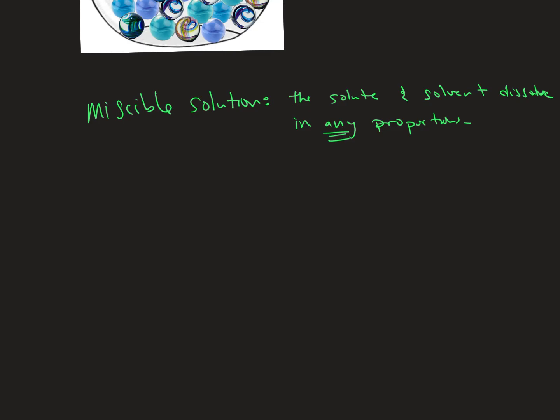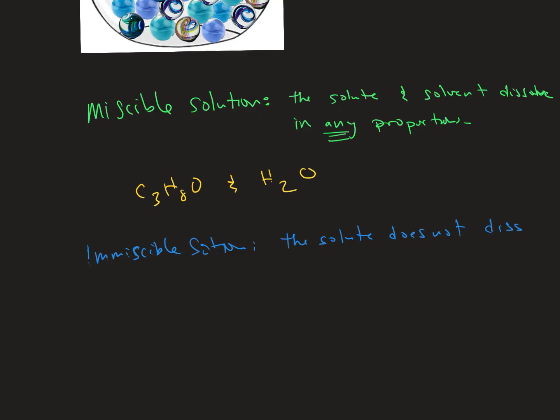So an example of miscible is C3H8O and water. So that's rubbing alcohol. If you put those together, they mix. But an immiscible solution is where the solute does not dissolve in any proportions.